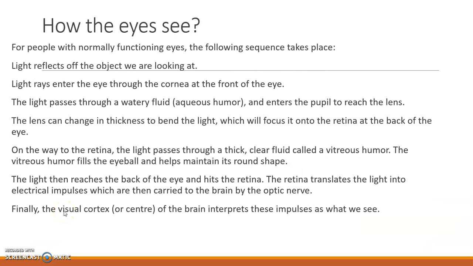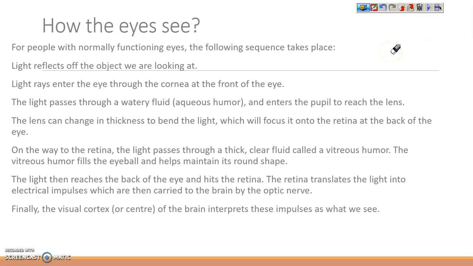How does the eye see? How do we see? Let's now look at this. If we have to see clearly, our eye must be able to focus the light rays onto the retina. Is it true or not? Yeah. To do this, the lens needs to change its thickness. Basically, how do we see?